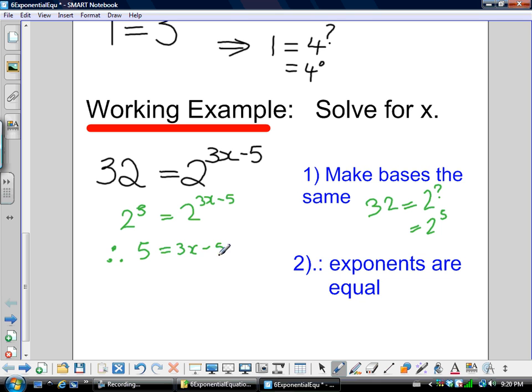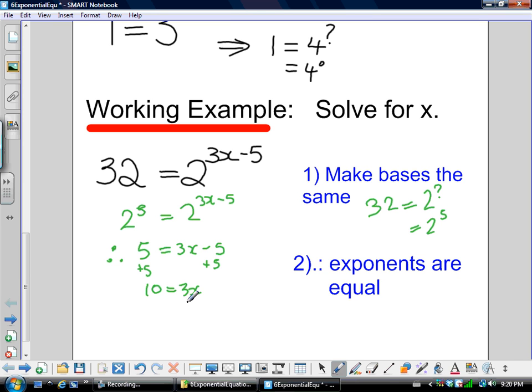Okay, so we have a little linear equation we have to solve. We want x by itself, so we're going to add 5 to both sides. So 5 plus 5, we're going to add 5 here, add 5 here, and we end up with 10 equals 3x.